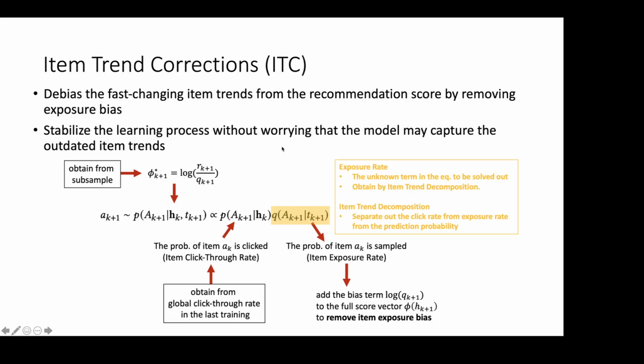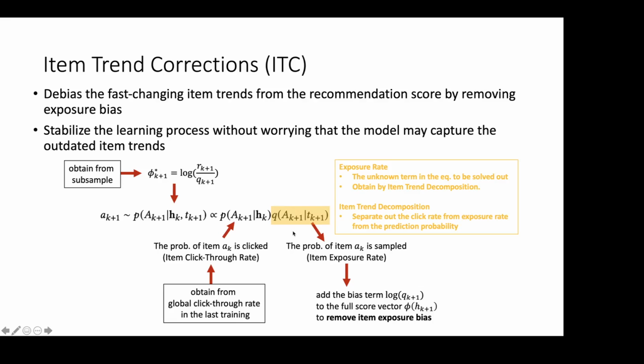And in recommendation systems, they don't trust this item exposure rate because it varies from time to time, so it is not reliable data. They want to remove this bias, so they want to figure out these values, the exposure rate. It is the unknown term in these equations that has to be solved.